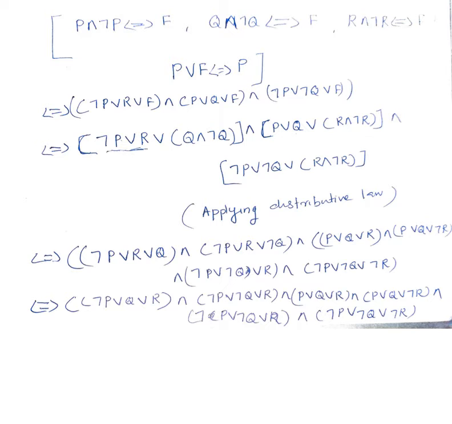Here we know that P and negation P is false. Also Q and negation Q is false, and in the same way R and negation R is false.